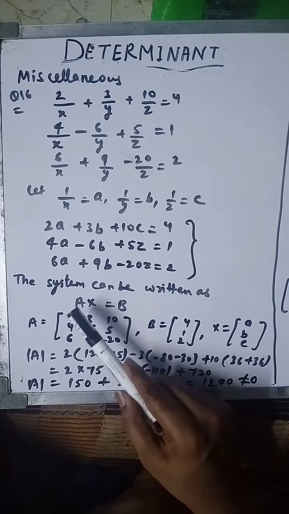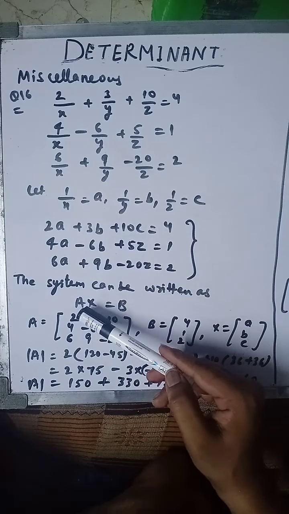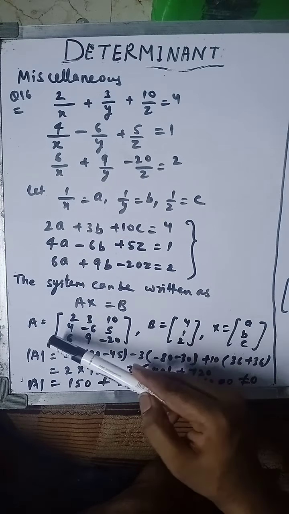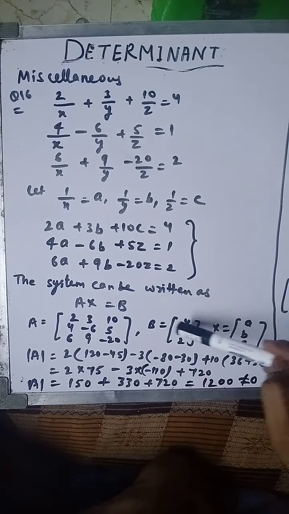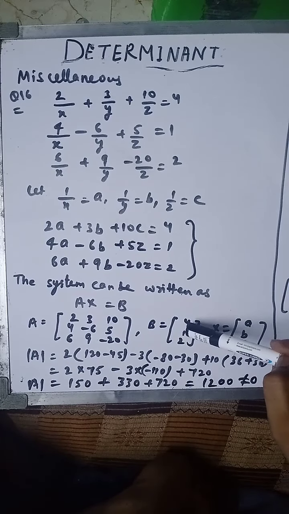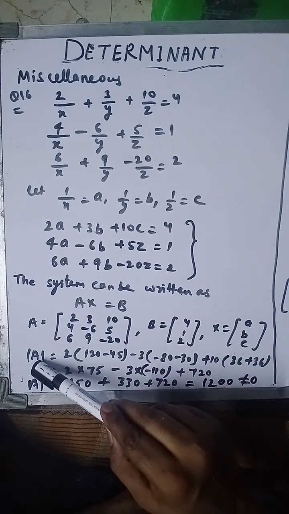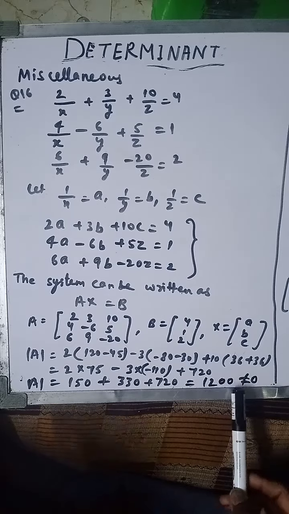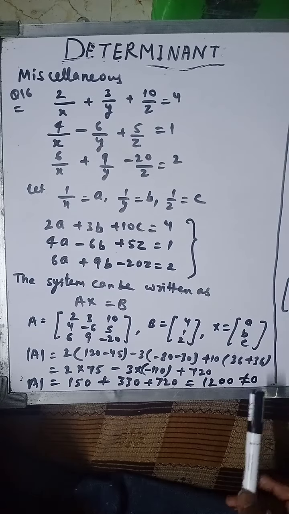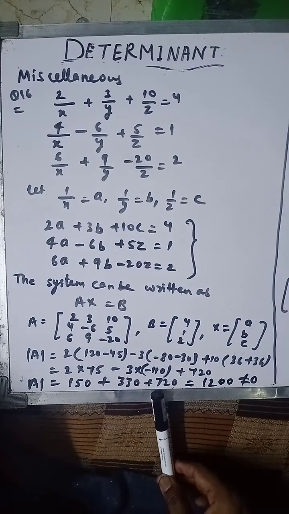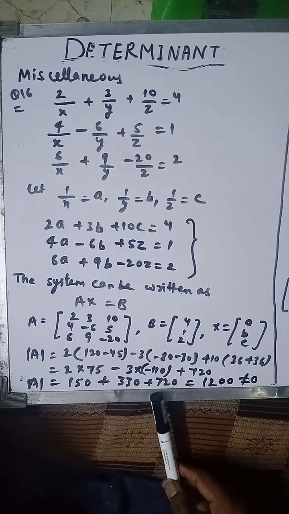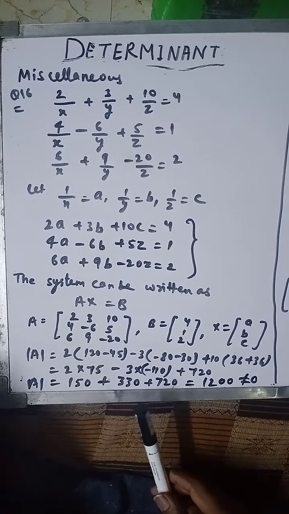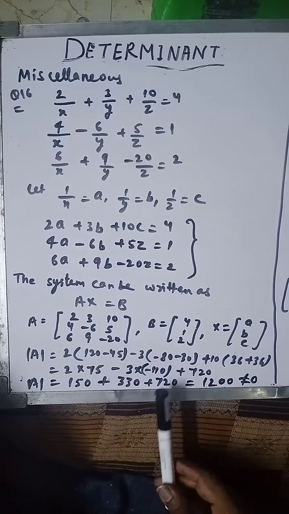Fine, because your A is this, X is this, and your B matrix is this. Okay, first of all we will find out A determinant. Your A determinant, after solving, is coming 1200, which is not equal to 0. So it is a consistent system, and it has a unique solution. Okay, it is case 1.